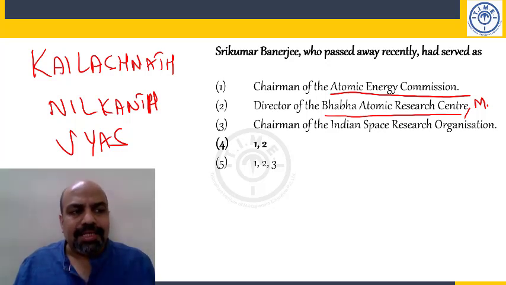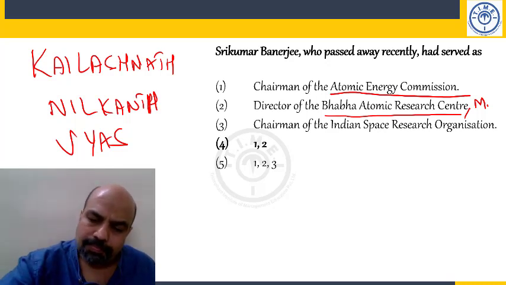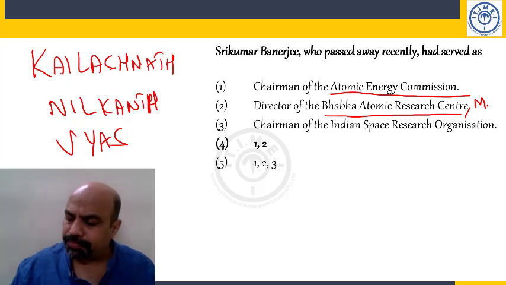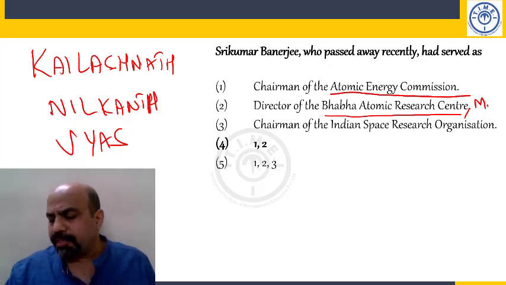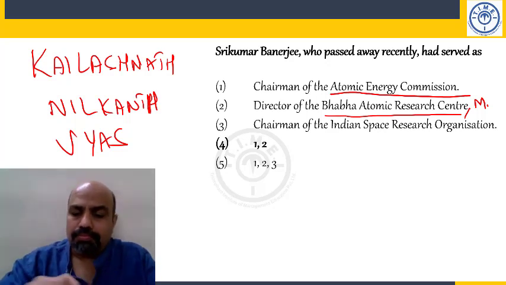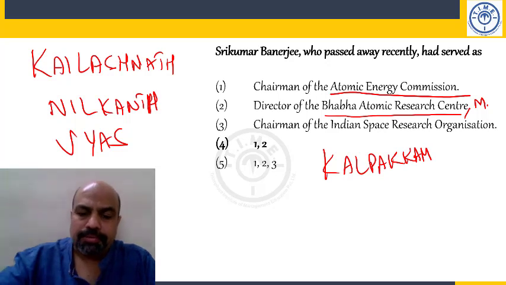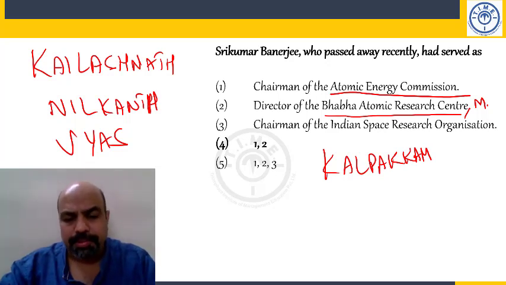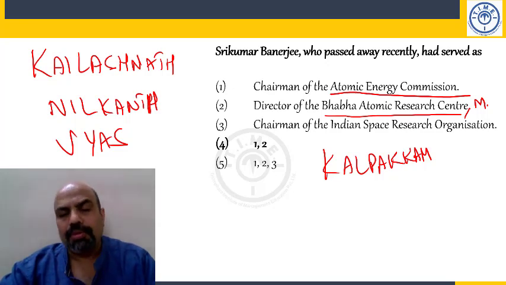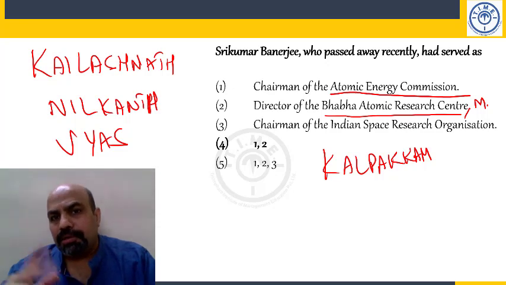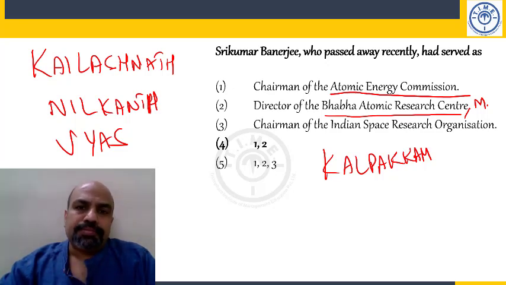Second one, Indira Gandhi Center for Atomic Research, comma, Kalpakkam, Tamil Nadu. Third center, Variable Energy Cyclotron Center, VECC, Kolkata.